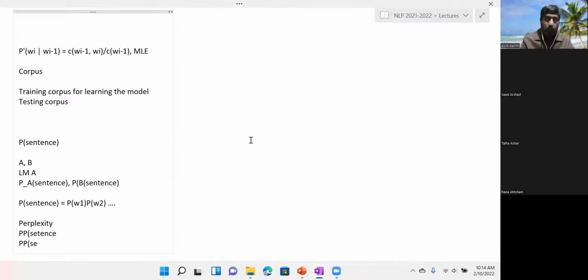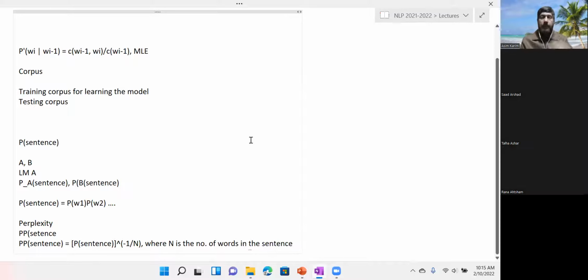So PP of a sentence is basically the probability estimate of the sentence raised to the power of minus 1 divided by n, where n is the number of words in the sentence.